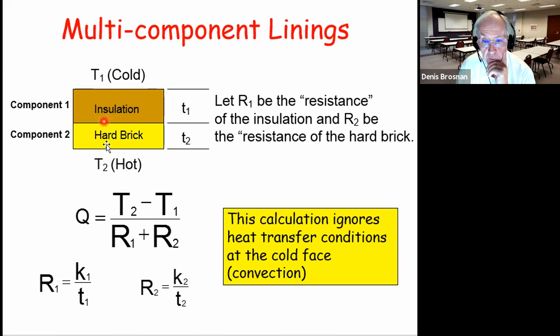So from hot to cold here, we're going to have a temperature 2, the hot face, minus the cold face over R number 1, which is the resistance of the hot face, plus R number 2, resistance of the cold face. The cold face here, we're assuming no heat loss on the cold face, just this situation right here. We're going to talk about convection right now.